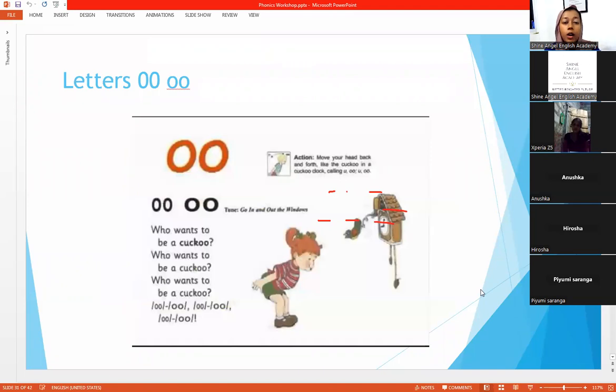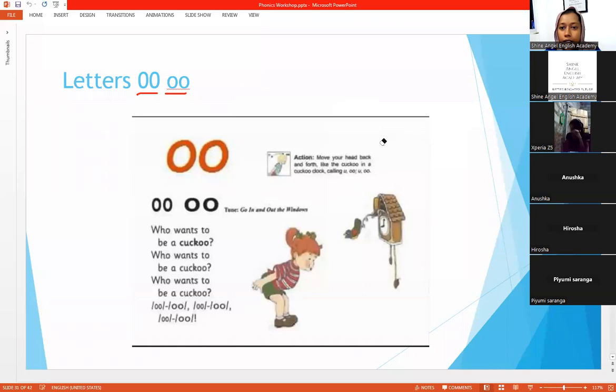Okay, next letter is letter O sound. U sound. Can you tell me why do we have two U sounds? What is the difference between one and the other? What is the difference? No one? You all are teachers, you all have to speak up. If you're like students, how can you all feel?